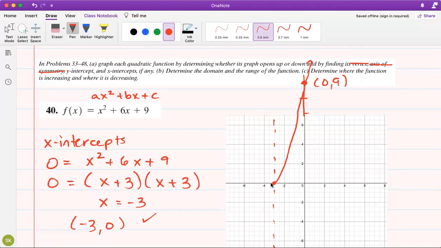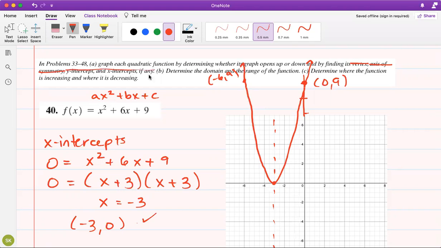But remember that this graph is symmetric and we had to go over 3 units to get to 0 from negative 3. So we're going to go over 3 units, 1, 2, 3 to negative 6 and go up 9. And then our graph is going to go through that point. So now we've graphed this.